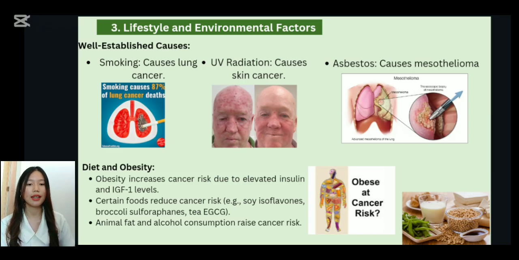Eating healthy foods like soy, broccoli, and green tea can lower cancer risk, while consuming too much animal fat, such as meats like pork, which contribute cholesterol, carries more risk.